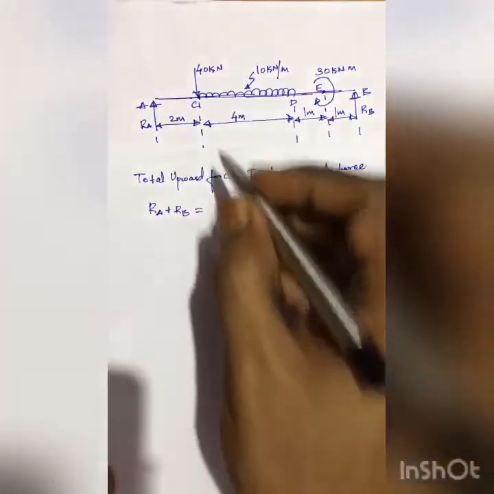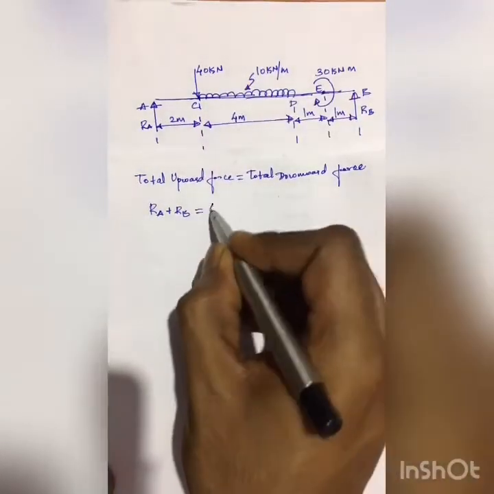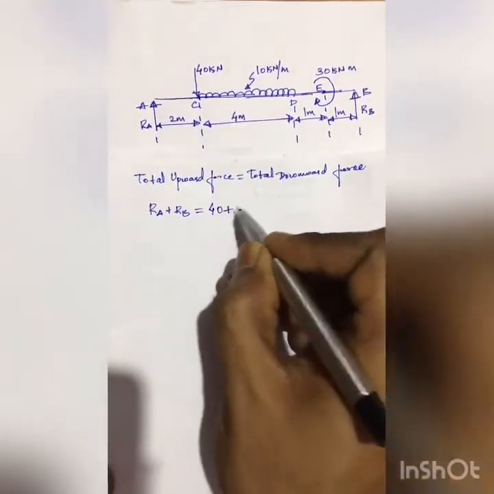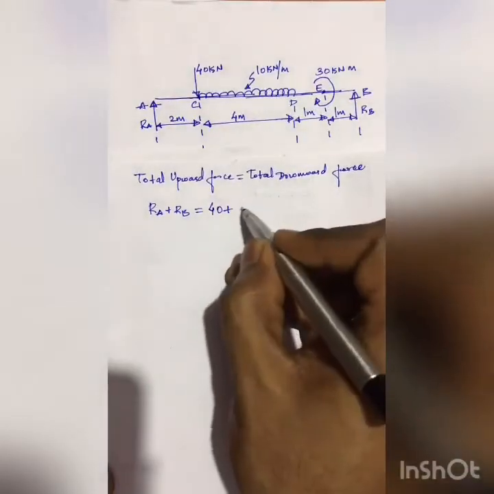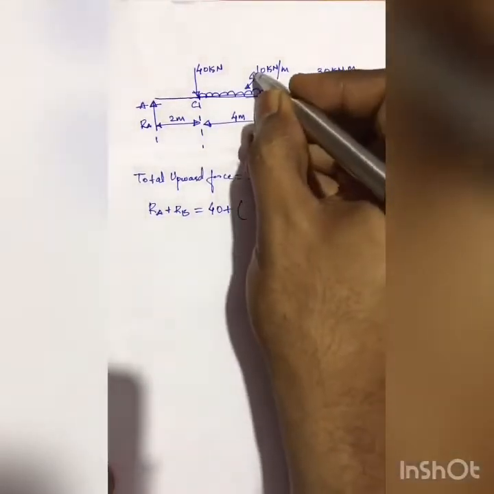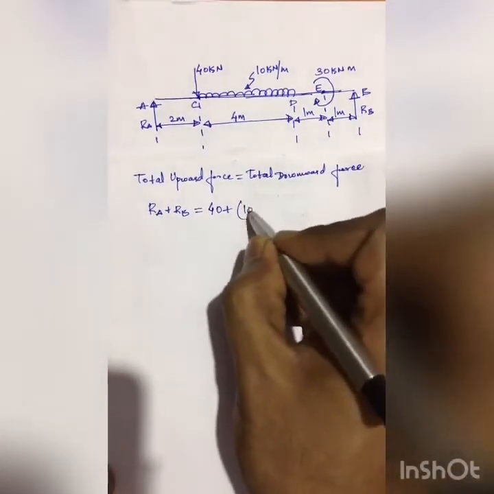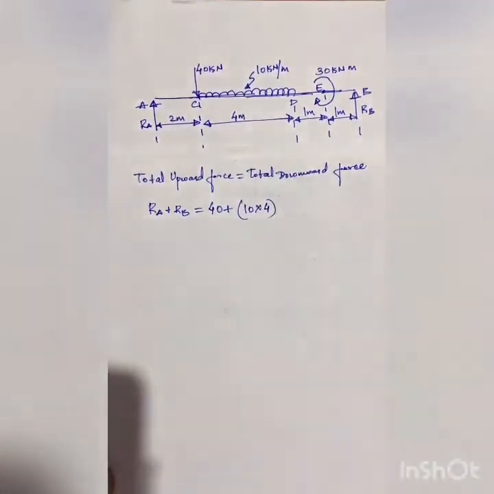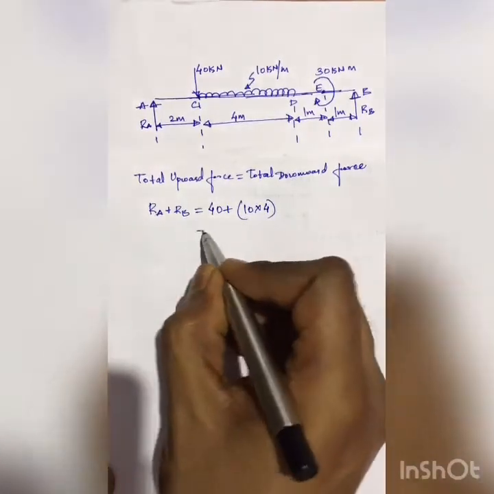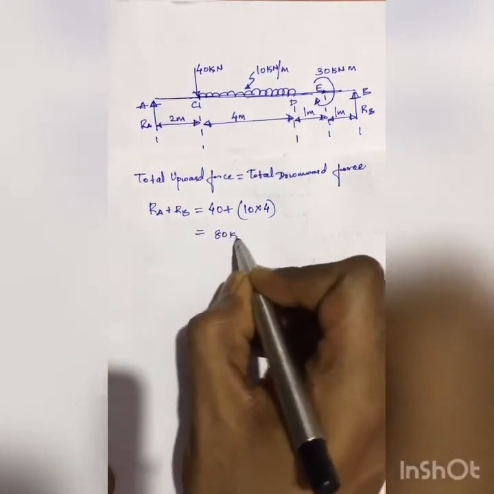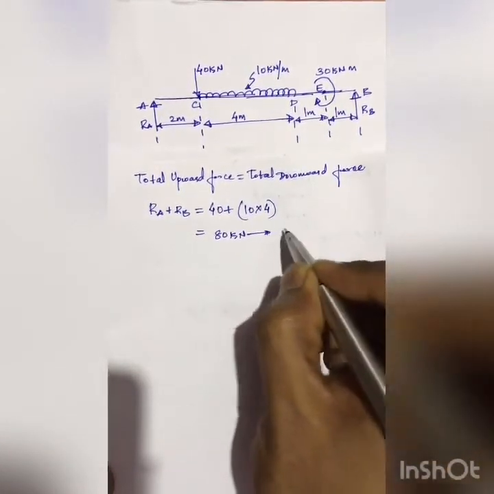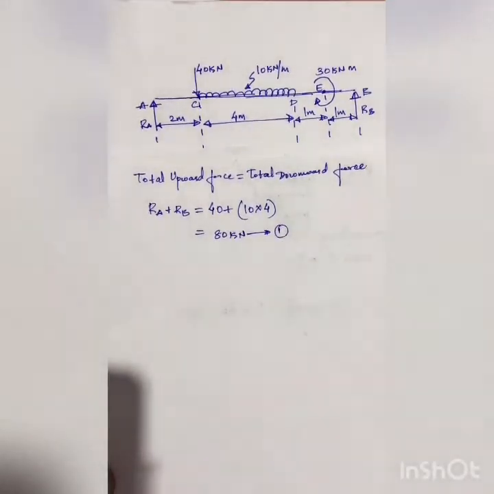So the downward acting load is 40 kilonewton plus 10 into 4. So here we get that RA plus RB is equal to 80 kilonewton. Let us consider this as equation number 1.